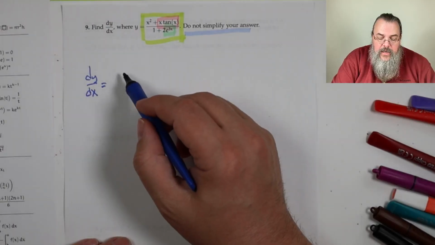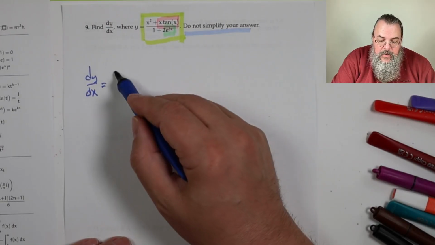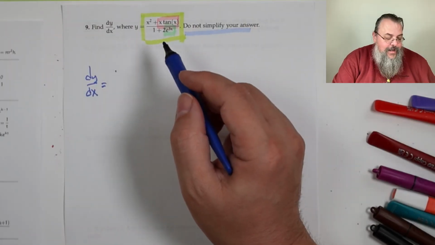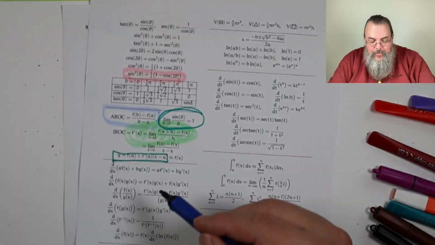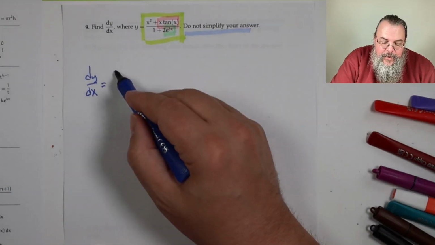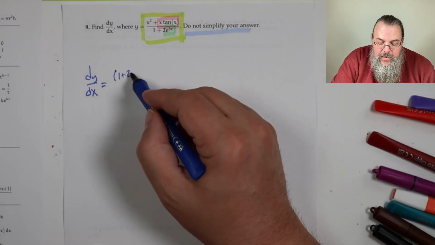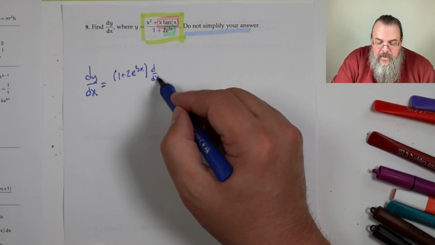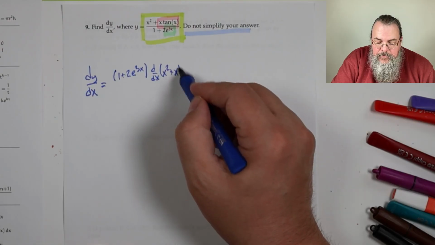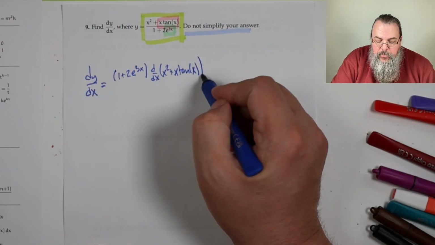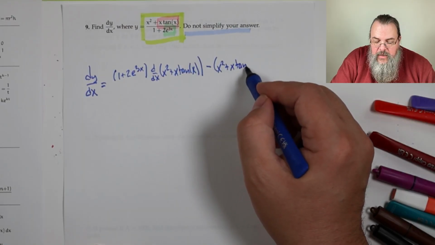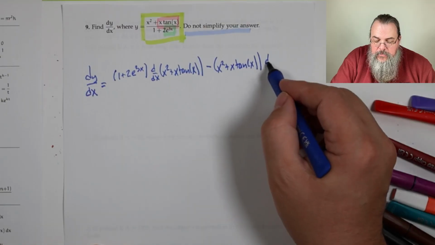So it's going to be the top times the derivative of the bottom. Sorry, I said that backward. It's going to be the bottom times the derivative of the top. I can follow this. So low d high minus high d low.